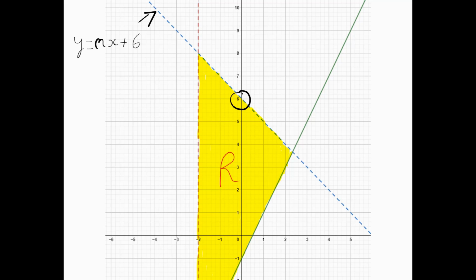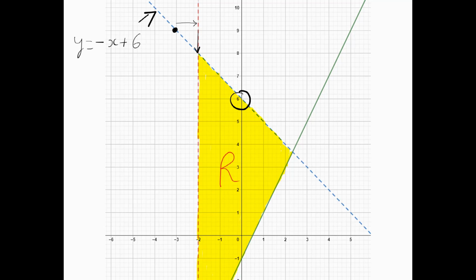To work out the gradient, the simplest way is to look at how far down we go on the line if we go across by 1. If I fix a point here at the point minus 3, 9, if I go to the right by 1 unit, then the line goes down by 1 as well. So that means the gradient is minus 1, across 1, down 1. So I have y equals minus x plus 6, that's my blue line.